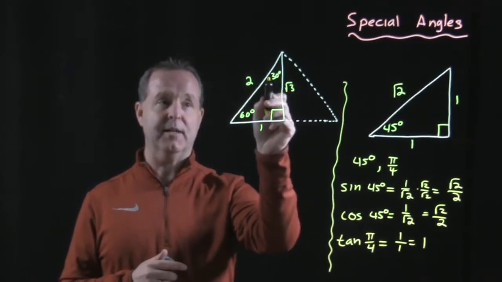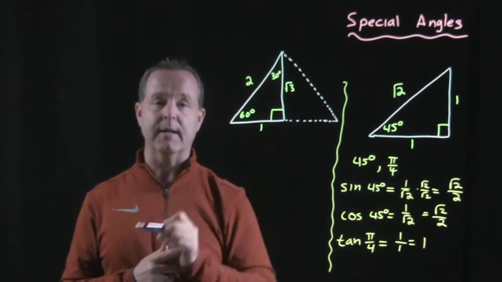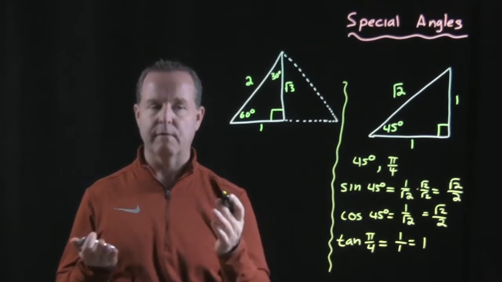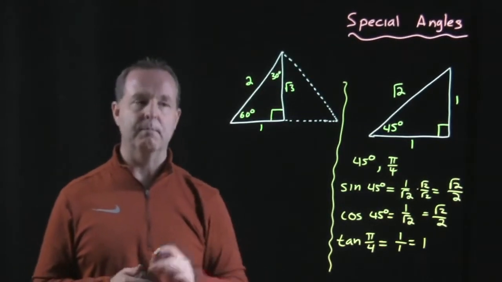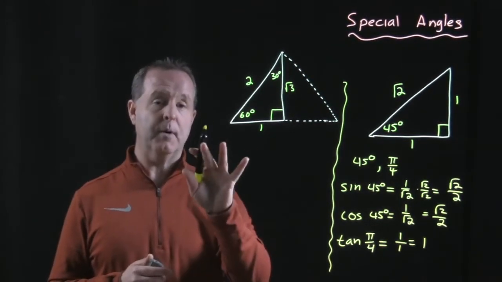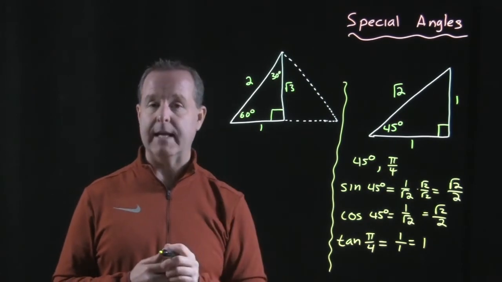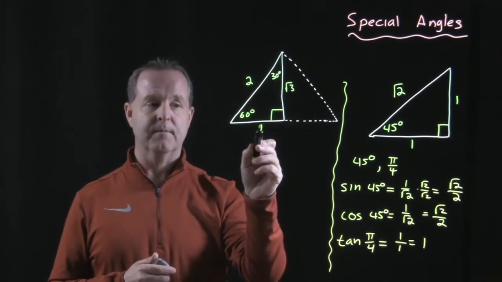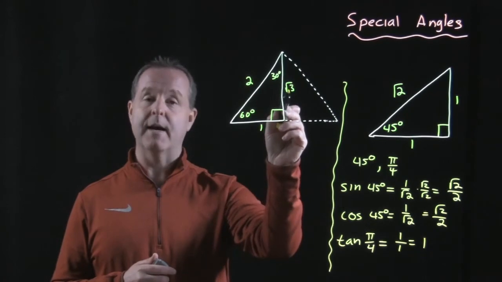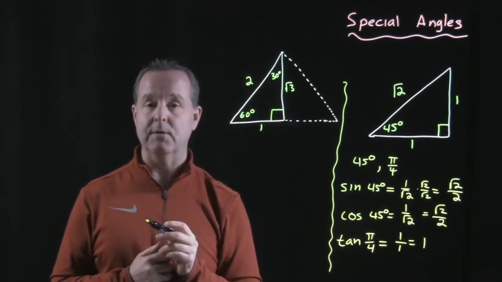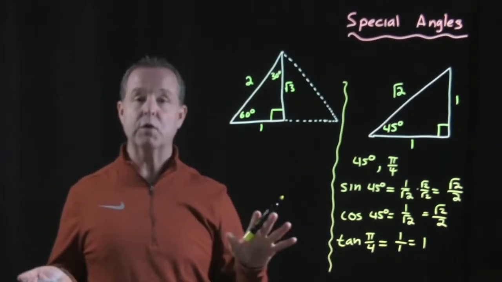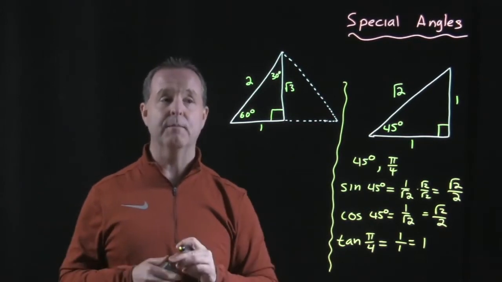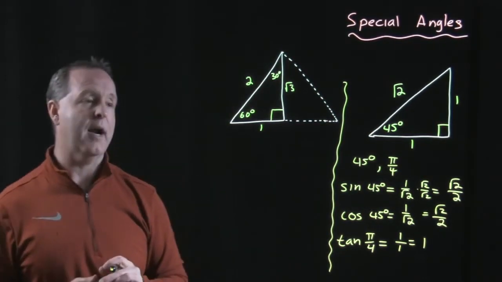So half of 60 degrees is 30, which gave me the 30-degree angle. The other angle is 60, and so forth. So I used a little bit of geometry there to build a 30-60 triangle for the purposes of determining what the lengths of those sides are. Now I have one base is 1, another base is root 3, and the hypotenuse is 2. Those are the values on the standard basic 30-60-90 degree triangle.